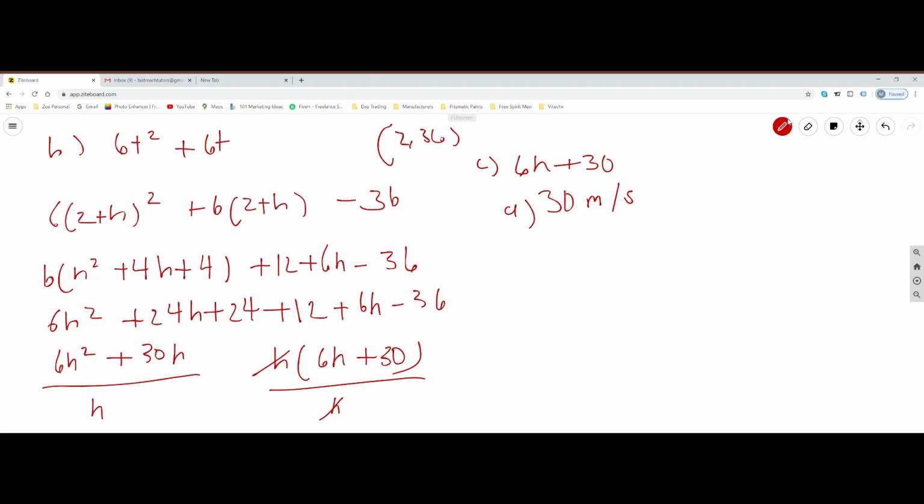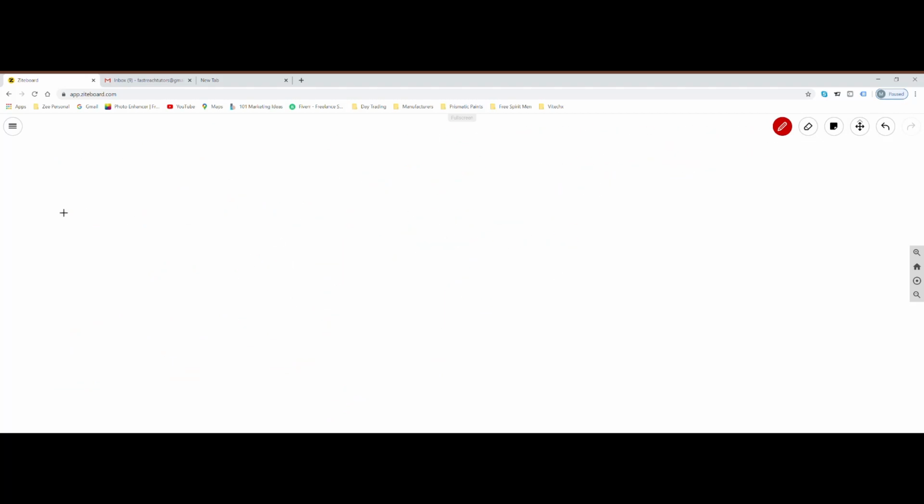So let's look at 9, which is y equals 5 minus x squared. The points are 2 and 1. So we have 5 minus (2 plus h) squared minus 1.